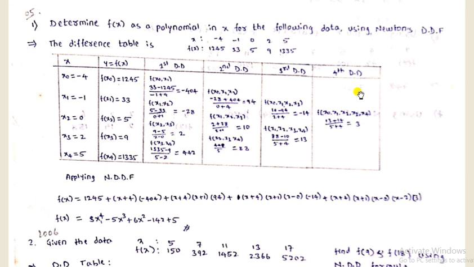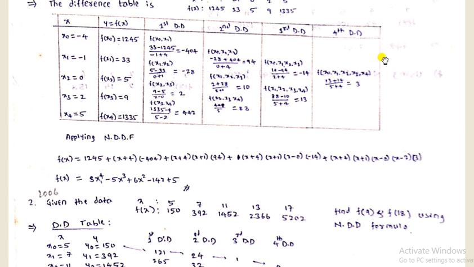Then the fourth divided difference is f of x0 x1 x2 x3 x4. So second term minus first term, whole divided by x4 minus x0: 5 minus of -4, that becomes 3. Now we use all these values in Newton's divided difference formula.